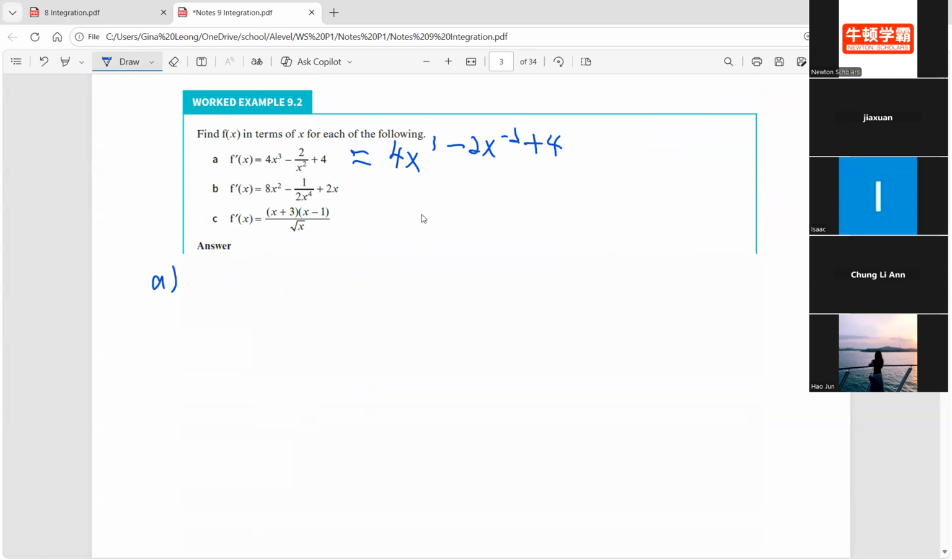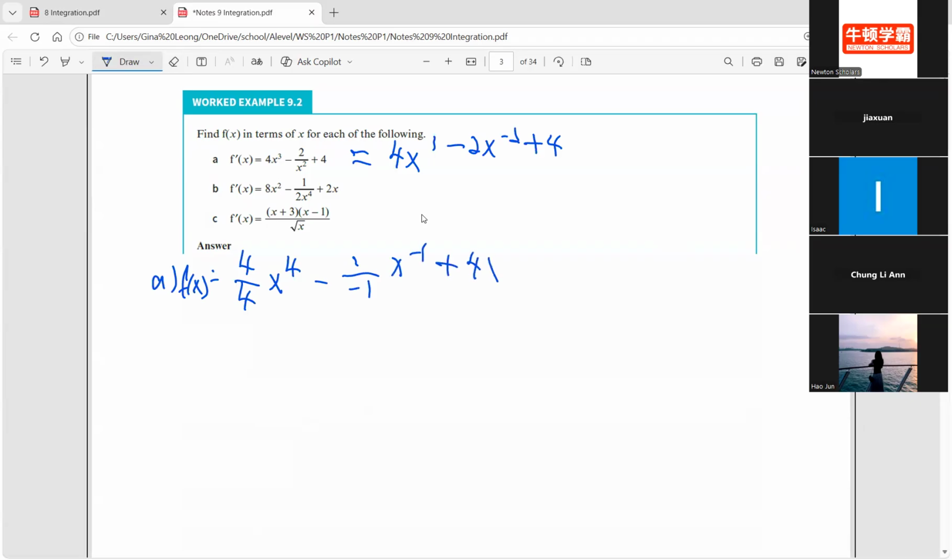Okay, so for A, first one, this one is 3, so it becomes f(x), sorry, not y. We follow the question, f(x). So this one is 4 over 4, x power 4, minus 2. Minus 2 plus 1 is minus 1, x to the minus 1, plus 4x.